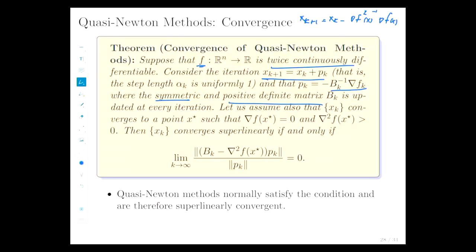Let's assume that my algorithm converges, having applied these iterations, to some stationary point that satisfies the second order sufficient condition of optimality. Then we know this convergence is superlinear if and only if this limit relationship holds.